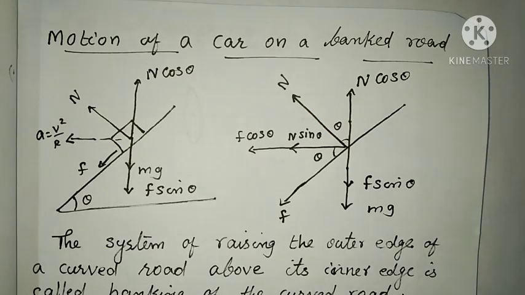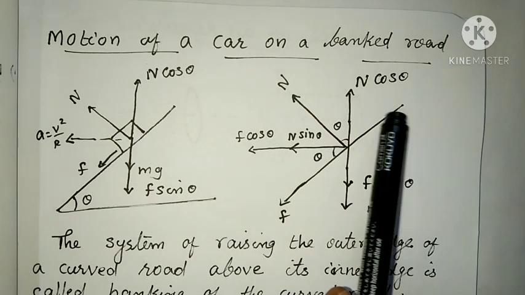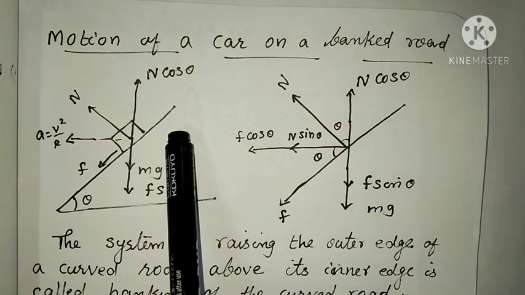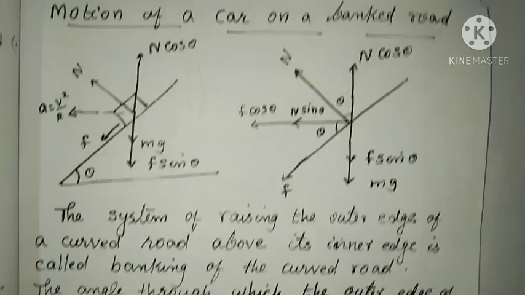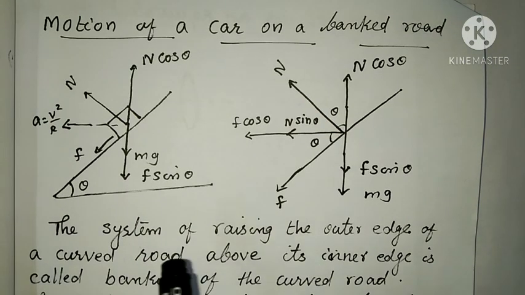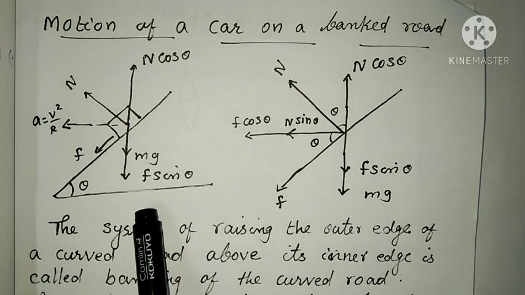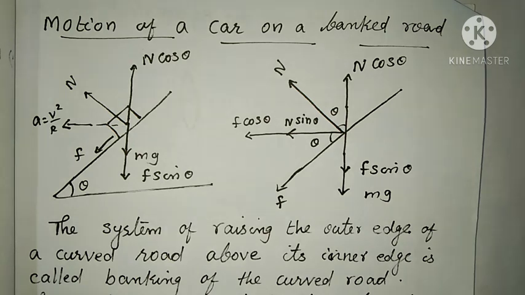Motion of a car on a banked road. This is the second application of circular motion. When the car moves on a circular path, a large amount of friction is produced. This friction between the tires and the road produces considerable wear and tear of the tires.